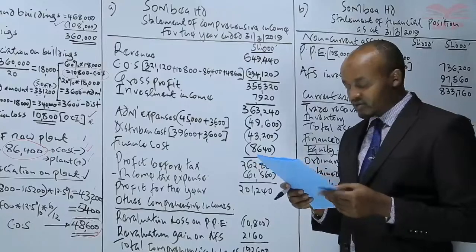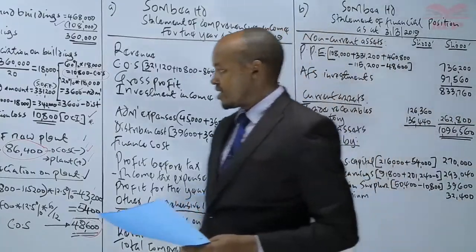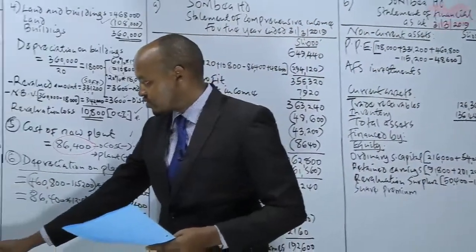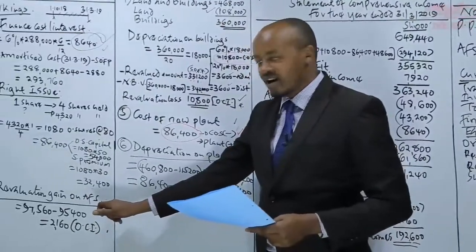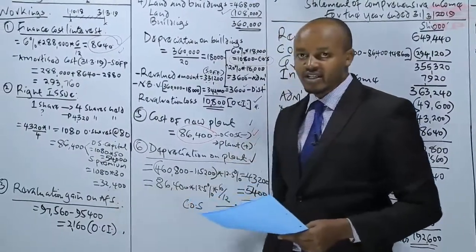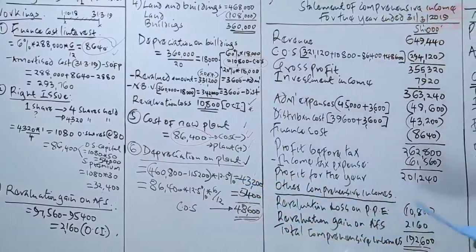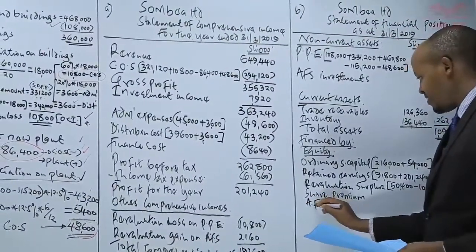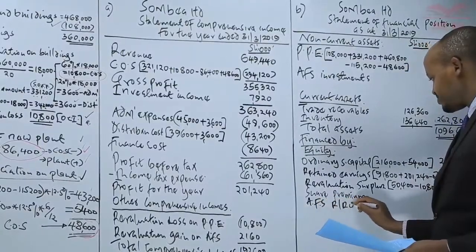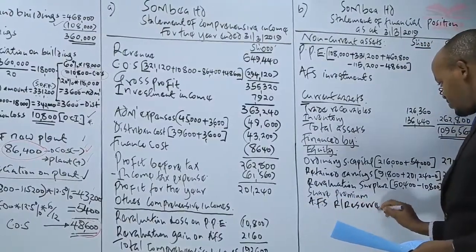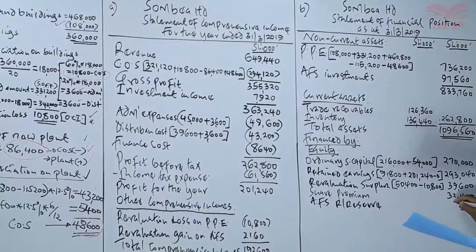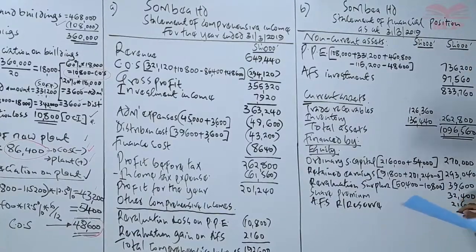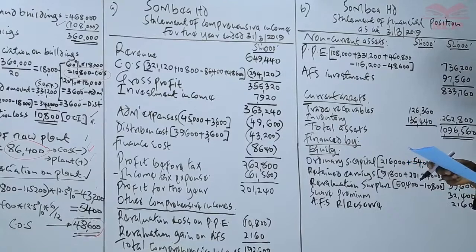There is also something else we are going to include here, and that is the revaluation gain on available for sale financial assets. It will be known as the AFS revaluation reserve, and that is an amount of 2,160. So I think those are the only items of equity we will be having.